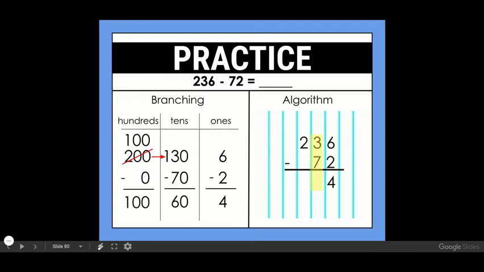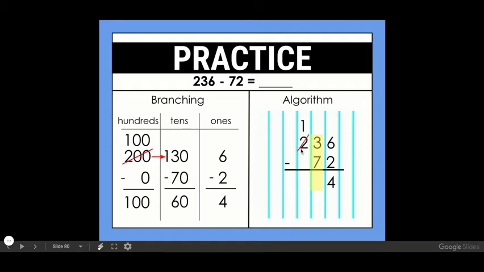Now I have 3 minus 7. If I have 3, can I give away 7? I can't. So same thing that we did over here in our branching, we're going to have to go next door. More on the floor, go next door. And remember, when we go next door, we always borrow from our minuend. We always borrow from our top number.